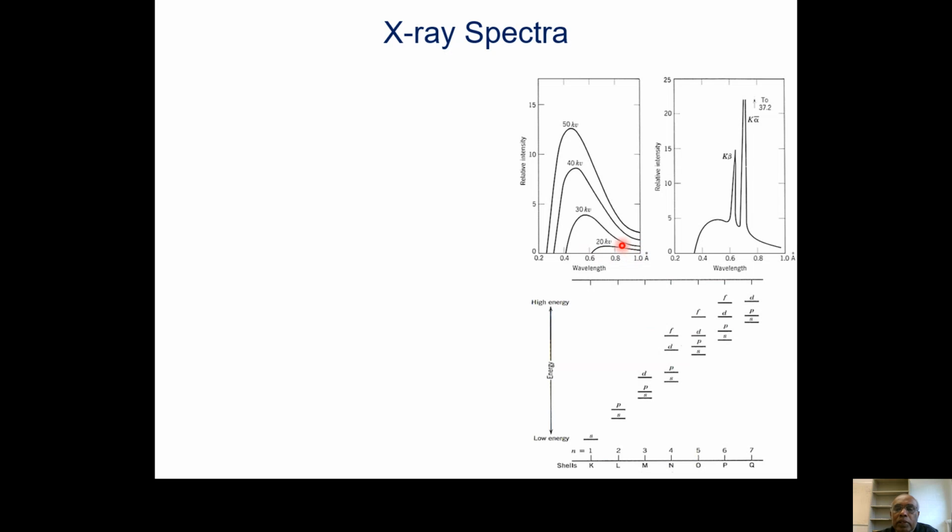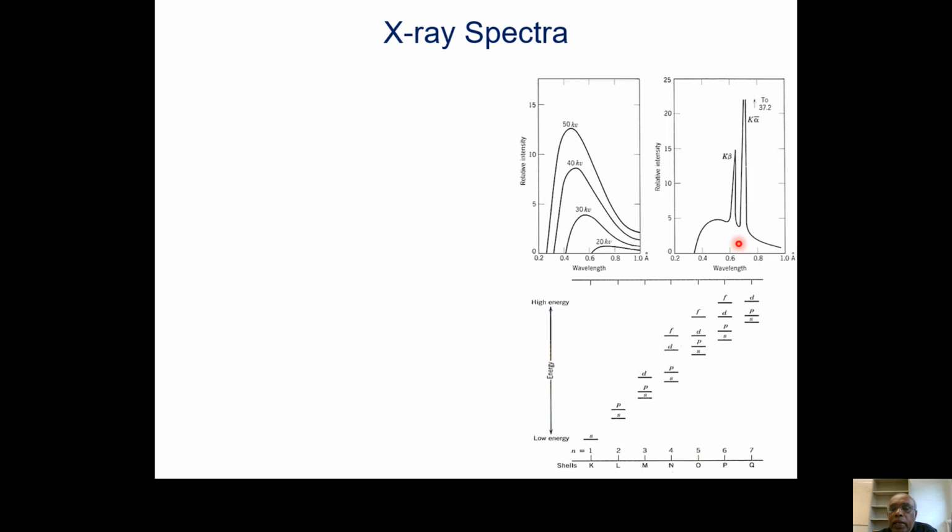You can see your intensity is basically for different energies, going from low energy to high energy. This is what we call the background spectrum, right? This is mostly coming because high energetic electrons are getting slowed down or absorbed.